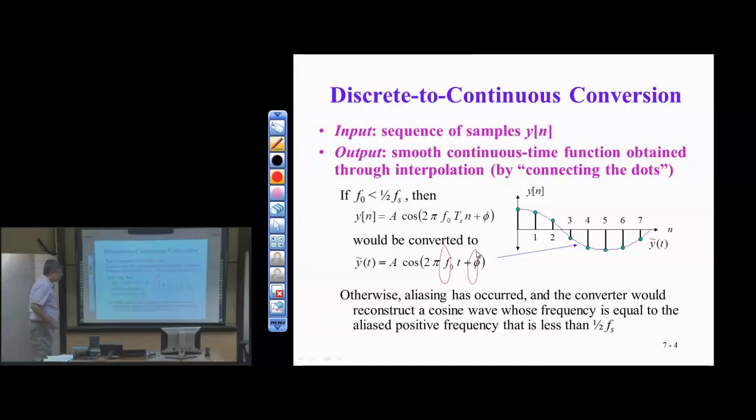Now, if I sample this without aliasing, I start with y of t, which is an ideal two-sided continuous time signal, band limited, and I sample this.